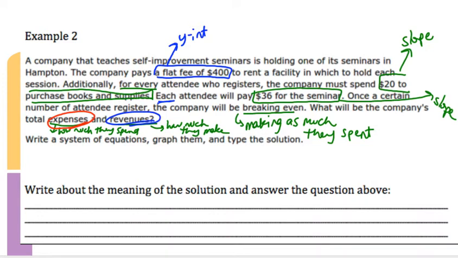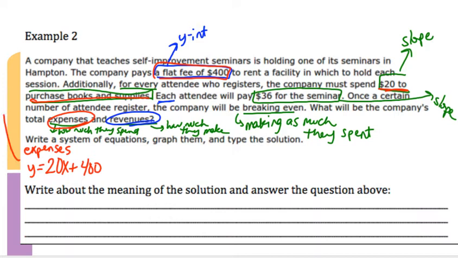So I'm going to write an expenses equation in red. I got to go back and read what are the things that they are spending. Okay, so the company pays a flat fee of $400. So that's going to be my y-intercept of that equation. And for every attendee who registers, the company must spend $20 to purchase books and supplies. So that's 20x.